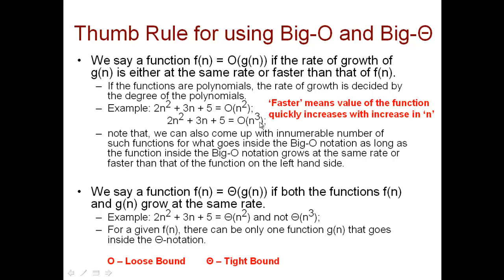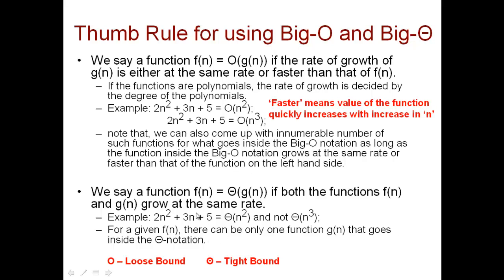So that's why I say it's an upper bound as well as a loose upper bound. Why I say it's a loose upper bound is because there's no fixed value we can have for a function inside the big O notation. For a given function f of n on your left hand side, there's no particular upper bound you can come up with using the big O notation. So you can have only a loose bound.